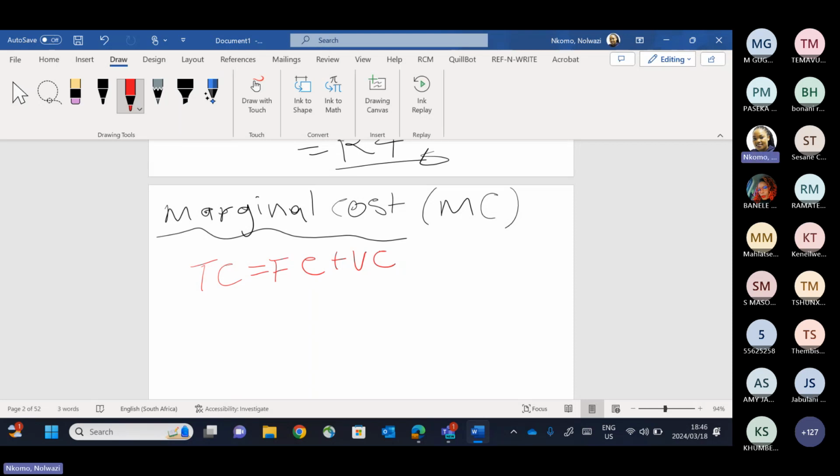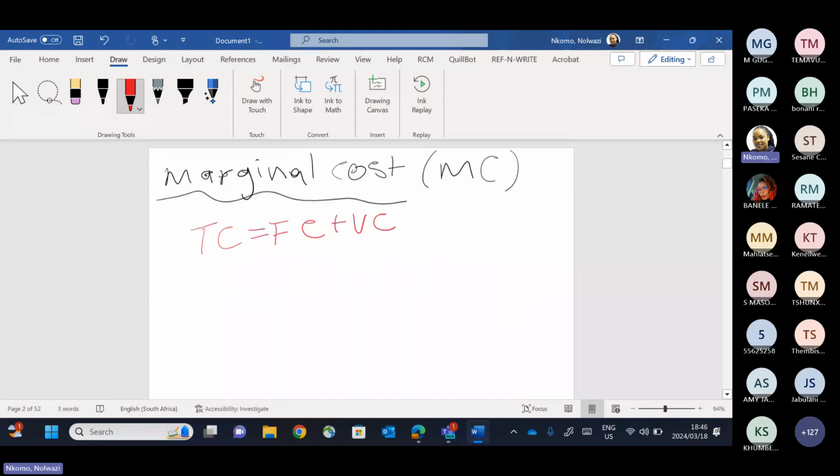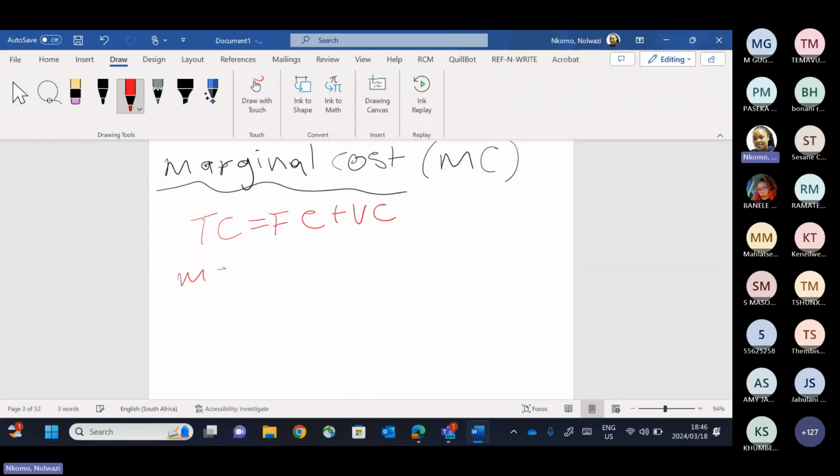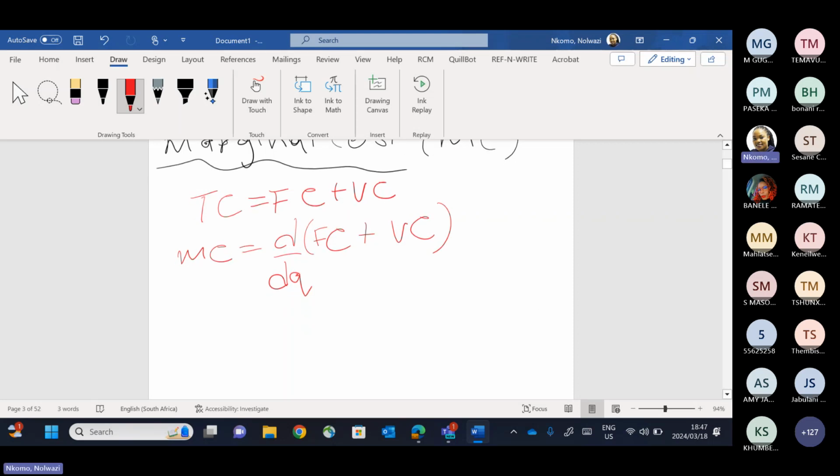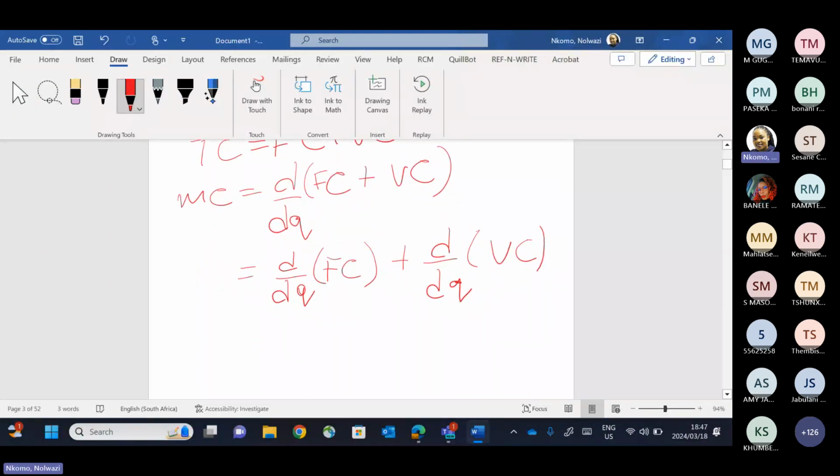We said the marginal cost is the derivative of the total cost, and the total cost is the fixed cost plus the variable cost. So the marginal cost is the derivative of the fixed cost plus the derivative of the variable cost.